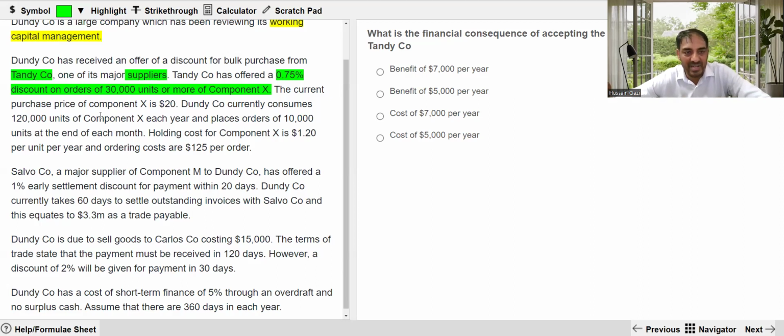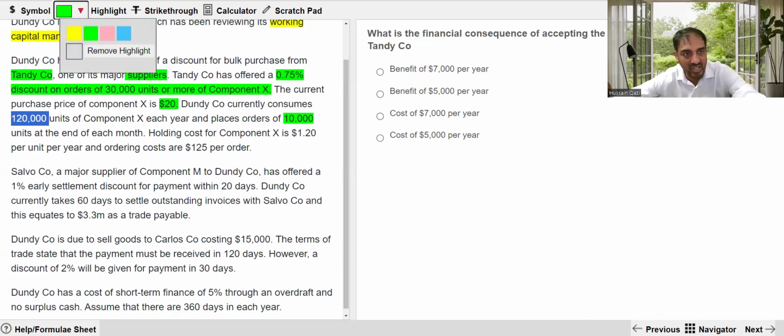The current purchase price of the component is $20. Hyundai company currently consumes 120,000 units of component X each year and places an order of 10,000 units at the end of each month. So the order quantity size is 10,000 units, and 120,000 units is the annual demand.